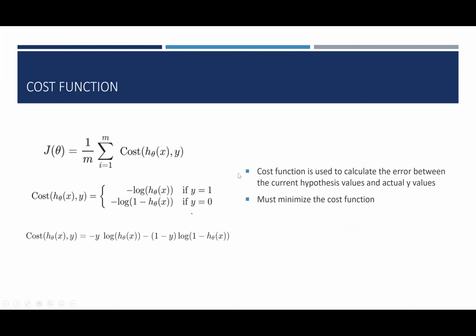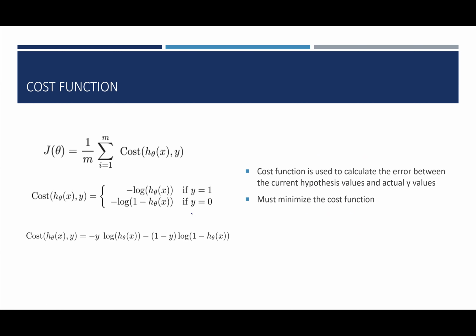Now, when you first start off with the data set, you're not going to start with the perfect h of x. You're going to have to change that value in order for it to become the correct classifier that will give you the correct predictions every time or most of the time.